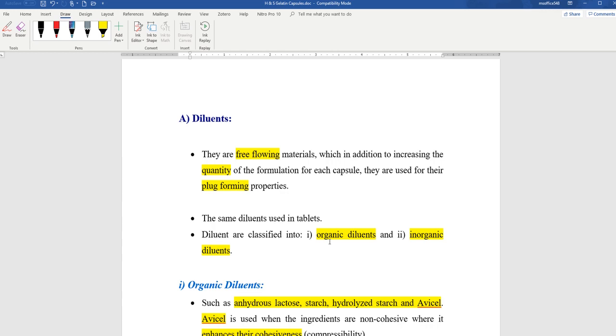Diluents. Why are we adding diluents? We are adding diluents mainly, especially in industry, not in a small scale, mainly to form plug forming. This is one. I will talk about it. Number 2 is to increase the quantity.